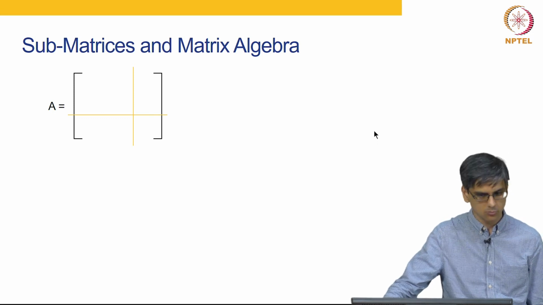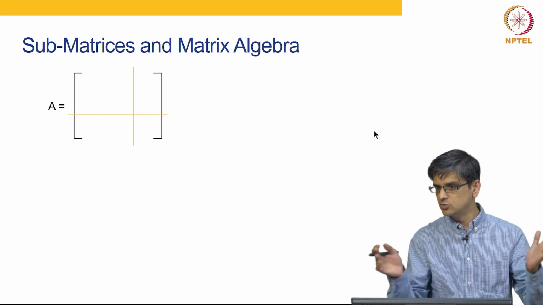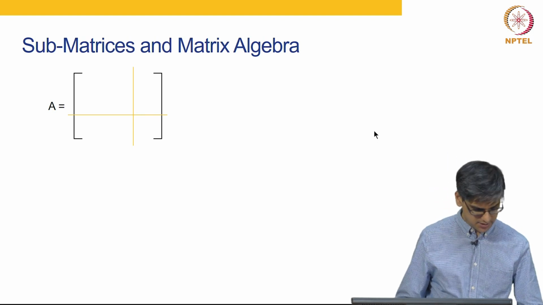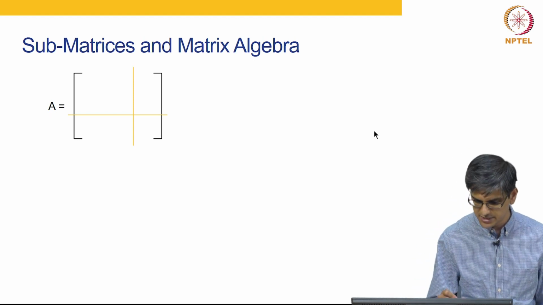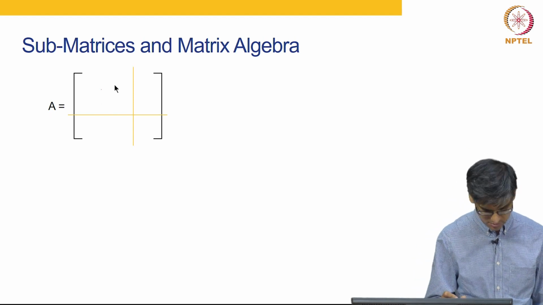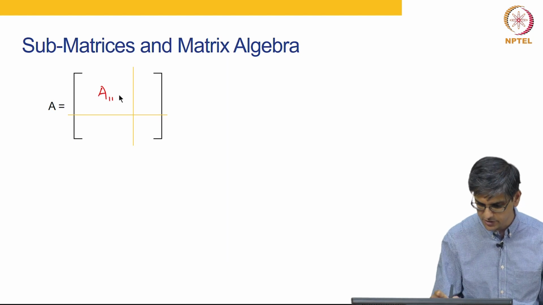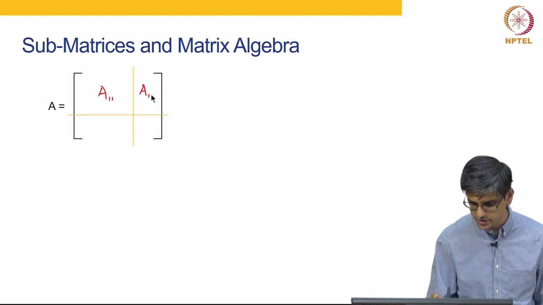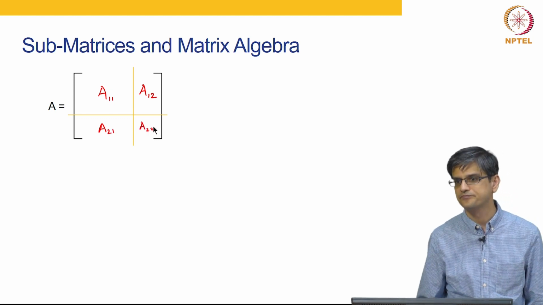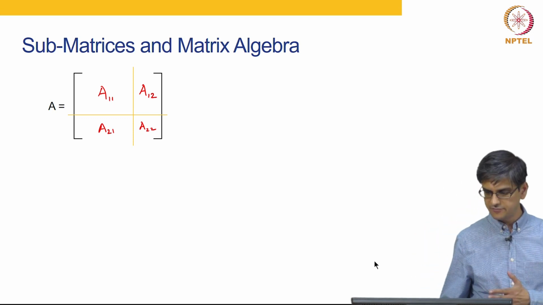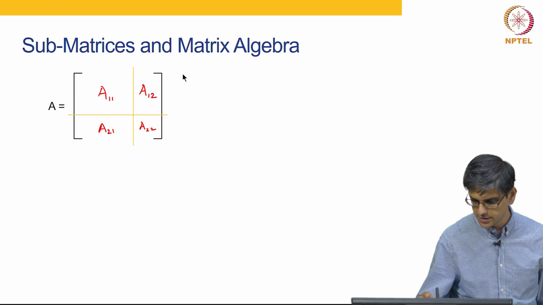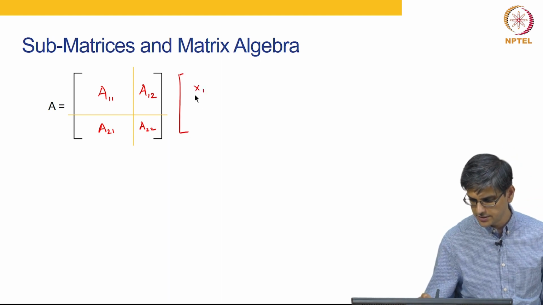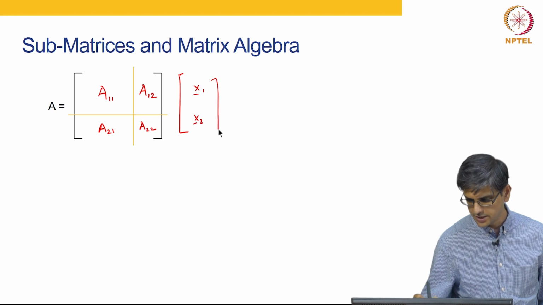You can factorize a matrix into sub matrices, and these rules that I showed over here also hold for these. So, let us say this A bar was A11, A12, A21, A22, which themselves are matrices, sub matrices, and let us say you had x1 bar and x2 bar.